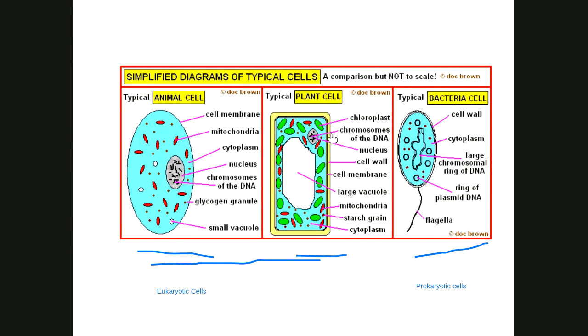No nuclear membrane or membrane-bound organelles are present in the prokaryotic cell. But in the eukaryotic cell, all the membrane-bound organelles and other material are present in the plant cell and animal cells. So this is the difference between the prokaryotes and eukaryotes.